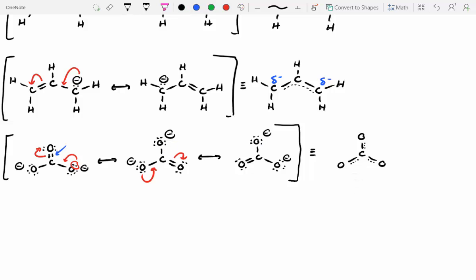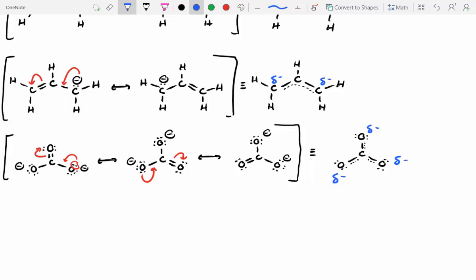All right, and we know that negative charge is delocalized across all three oxygens. So we can say, all right, these oxygens always have at least two lone pairs coming off of them. However, there's going to be high electron density coming off of each of these oxygens, because in at least some of the resonance structures, they're carrying a negative charge.